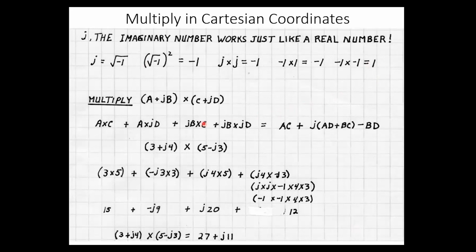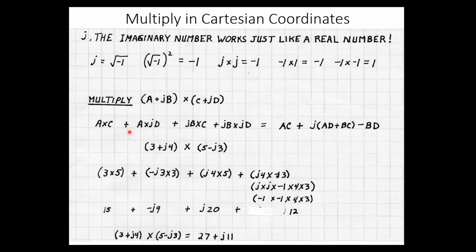Okay, so watch this. I'm going to multiply these two in Cartesian coordinates and utilize the square root of -1 and watch what happens to the numbers. So I'm going to multiply a plus jb times c plus jd. So a times c, plus a times jd. Follow me? Plus jb times c, plus jb times jd.